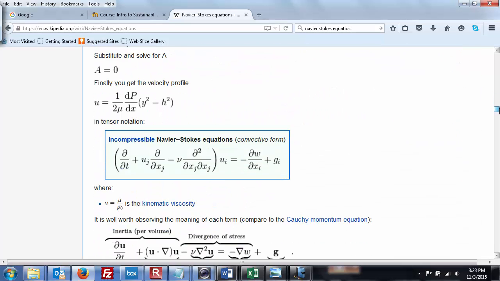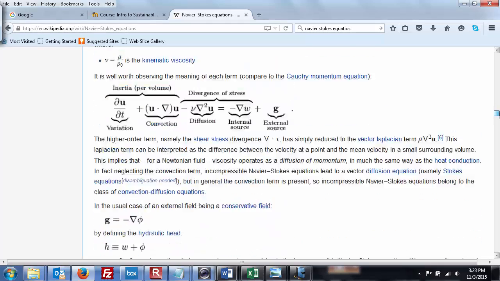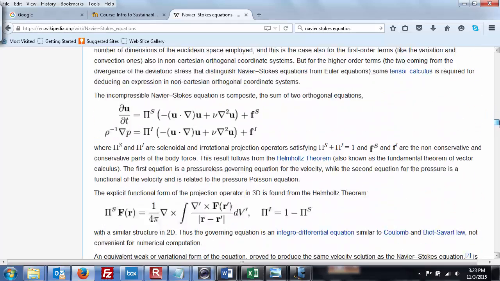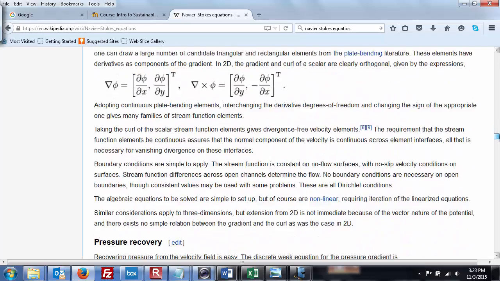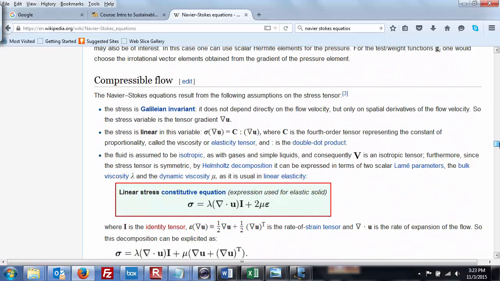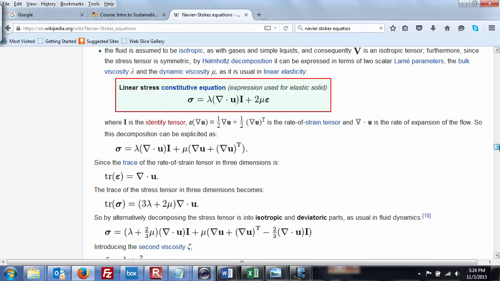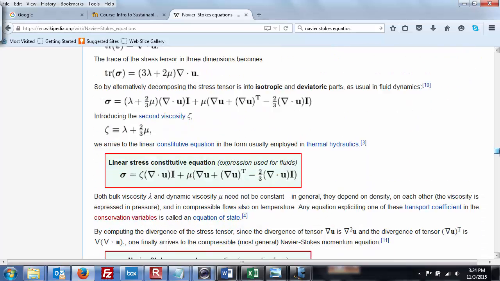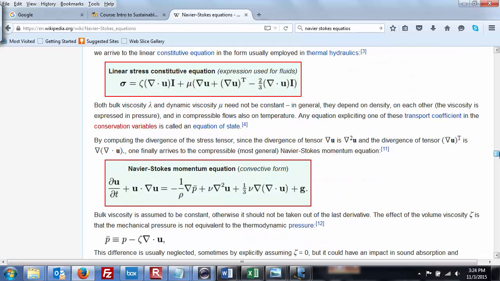There are two different versions: one is compressible, and one is incompressible. This is the momentum equation. Again, this is just food for thought.